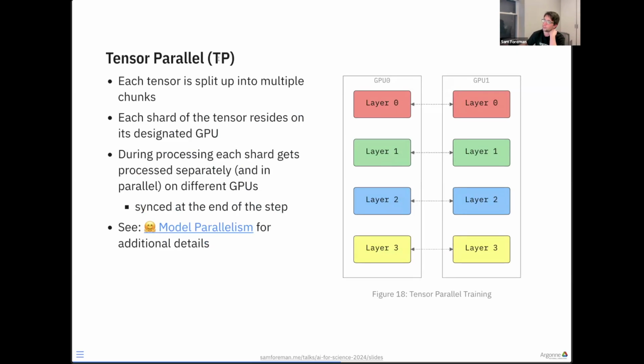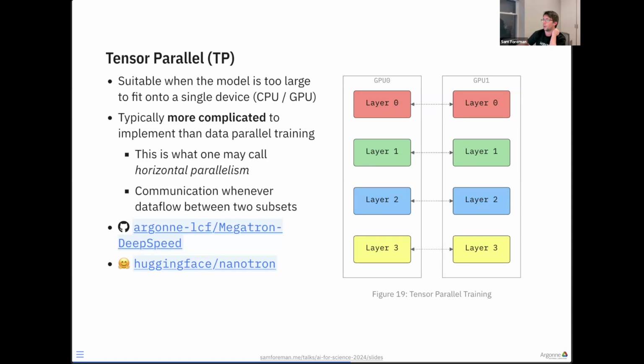The more complicated parallelism strategy is what's called tensor parallelism. In this case, if even a single layer is too large to fit on a single GPU, then you might need to split the layer up so only half of it is on GPU 0 and half of it on GPU 1. This is much more complicated, as you can imagine, because to go through the forward pass and get through layer 0, I can only do some of the calculations on GPU 0, then I have to either send those to GPU 1 or get the missing weights on GPU 0.